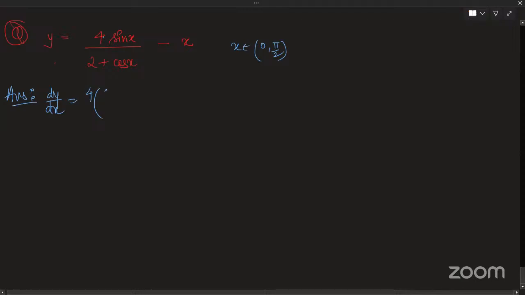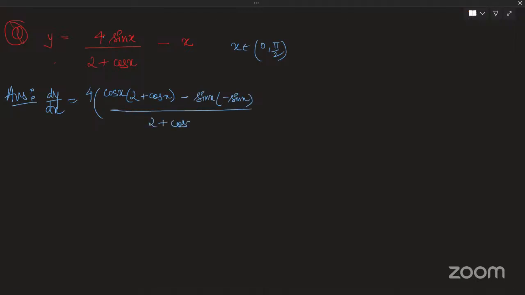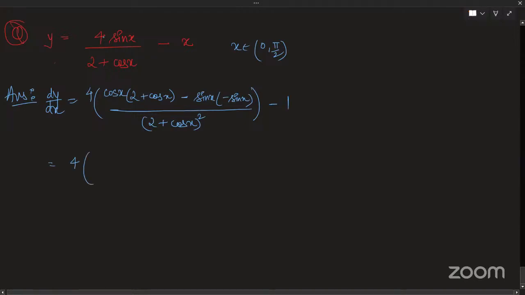So it's 4 into (cos x into (2 plus cos x) minus sin x into (minus sin x)), whole divided by (2 plus cos x) whole square, and then a minus 1. Let us have a look at it. So it's 4 into (2 cos x plus cos square x plus sin square x).